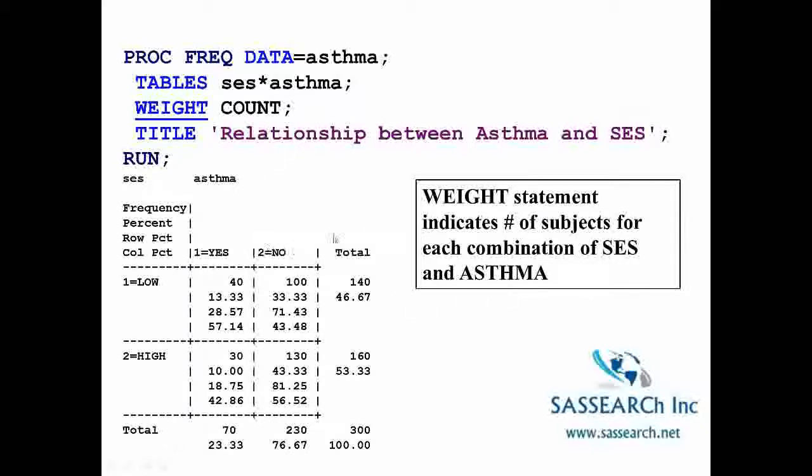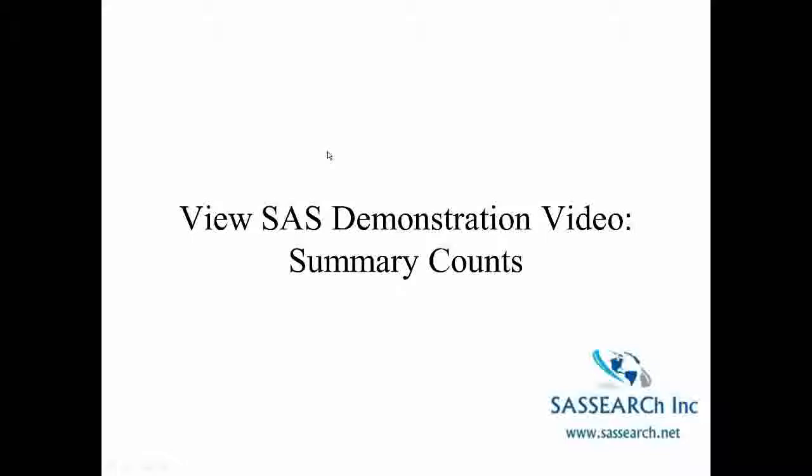And once we are able to create this table of 300 subjects based on the 4 observations that we read in and using our weight statement, we can then go ahead and use the table statement with the /options to run statistics on this data. And we will be looking at examples of that when you view the SAS demonstration video summary counts.